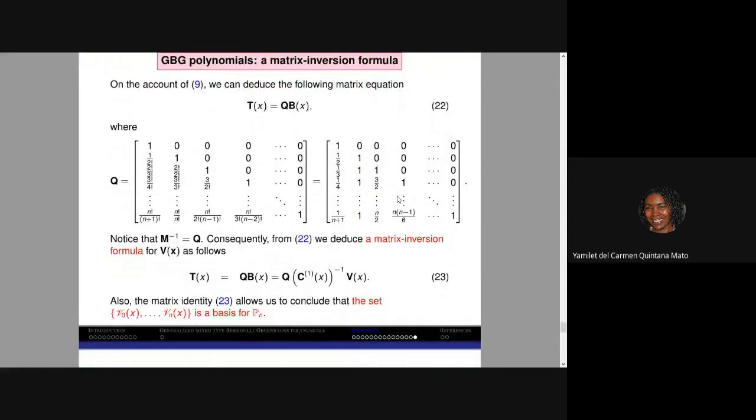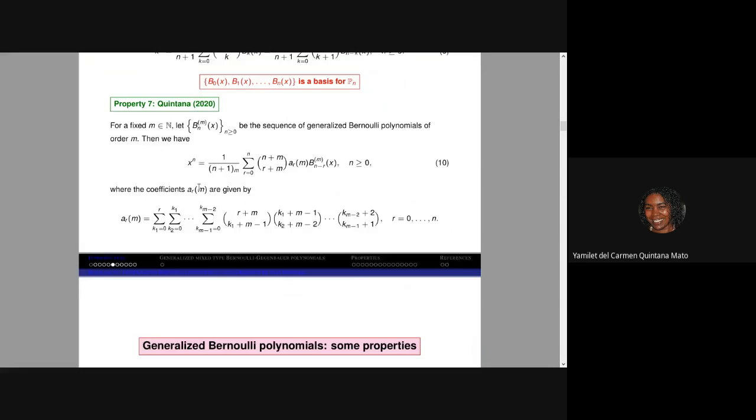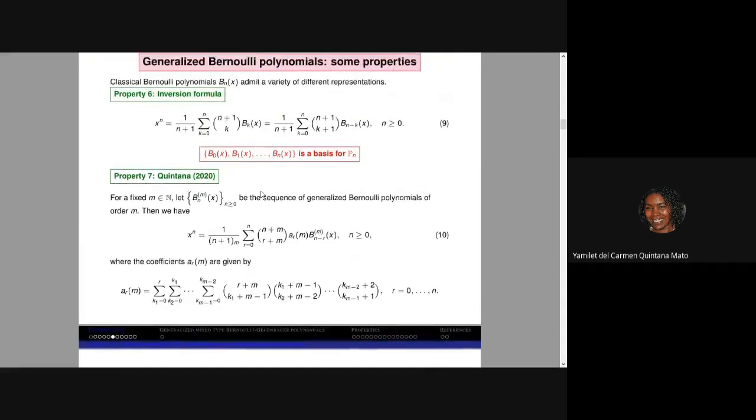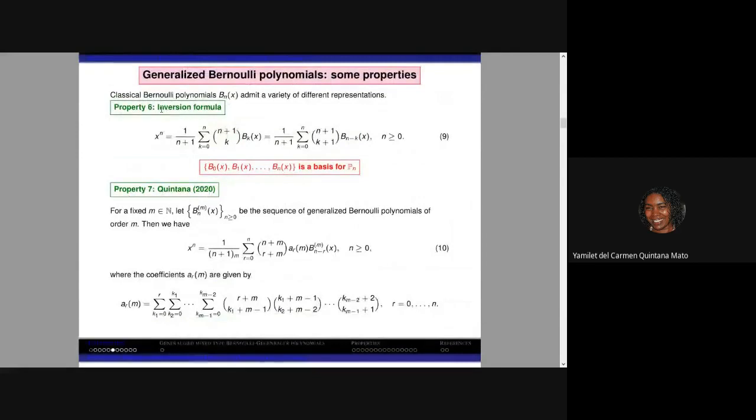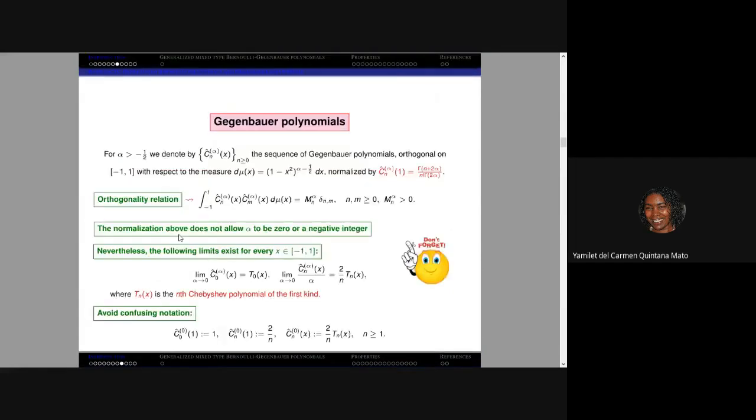On account of 9, remember 9, the equation 9 is the inversion formula for classical Bernoulli polynomials.